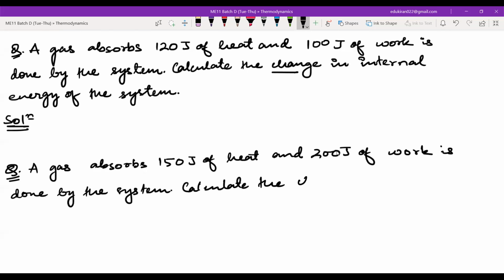Calculate the change in internal energy.